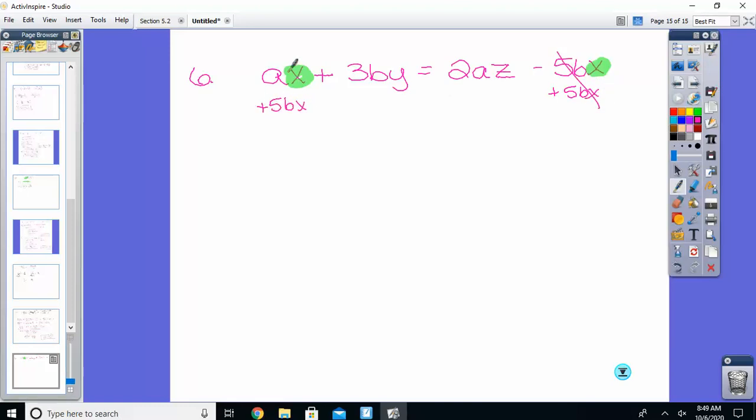Can you actually add ax plus 5bx? No, so I'm just going to keep them both. You'll notice this term does not have an x, so I'm going to move it to the other side.